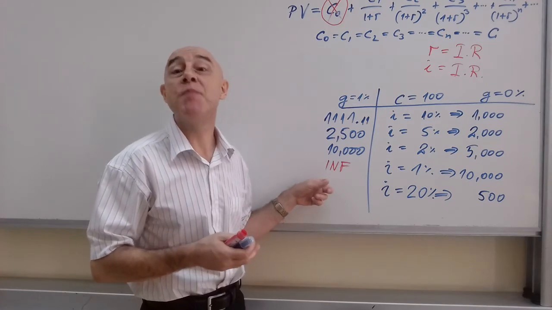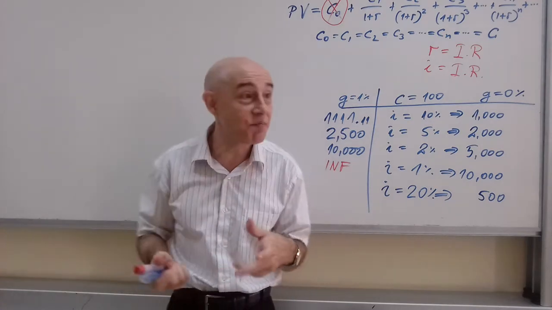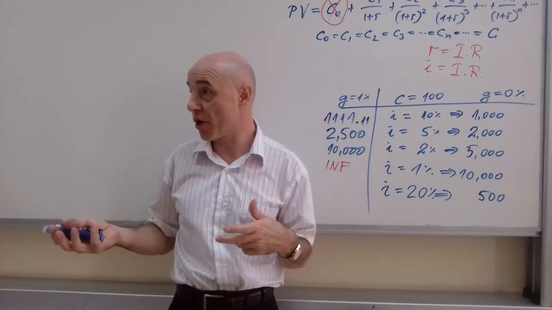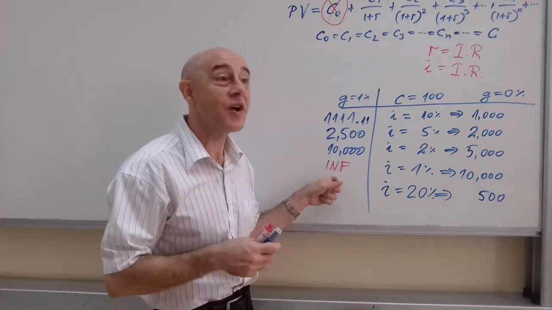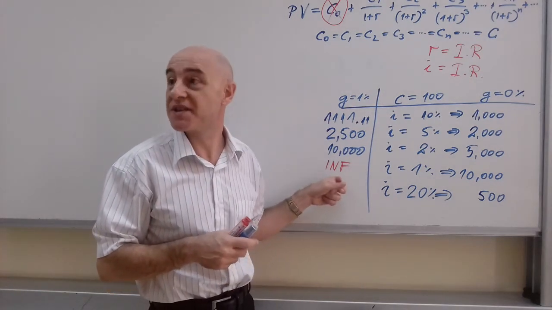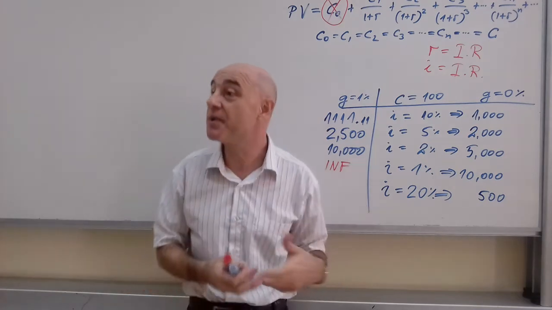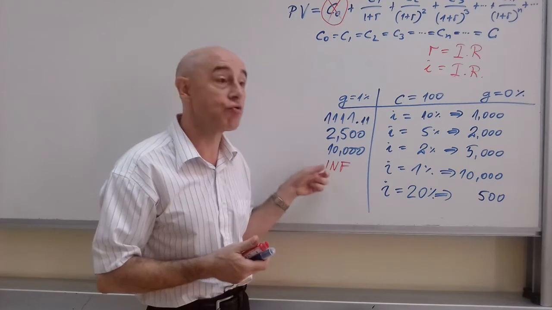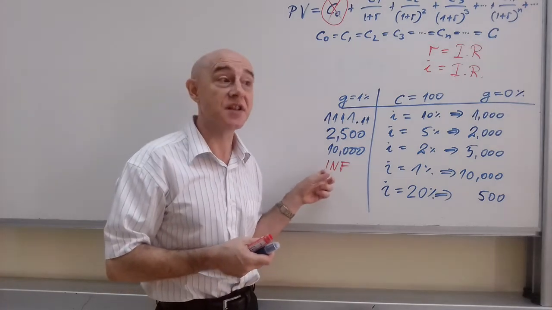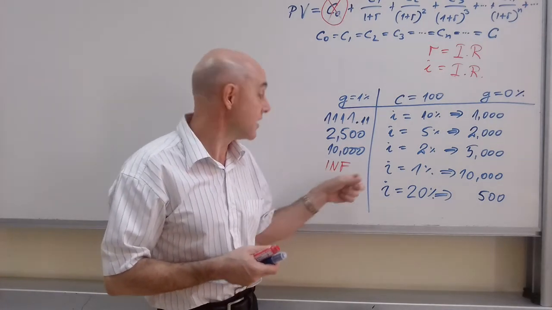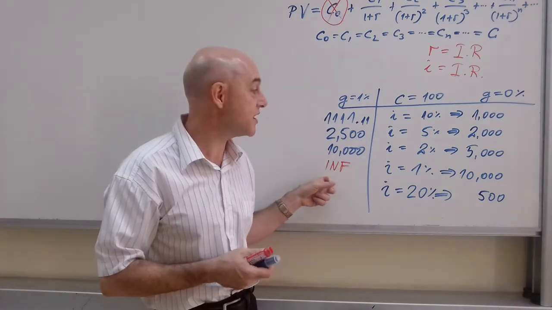If you grow faster, it means you're probably not growing faster, or there's something wrong with the discount rate. In the real world it is impossible to grow faster than the discount rate. The result eventually is infinity.